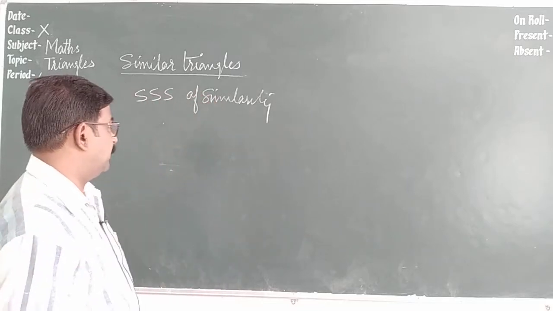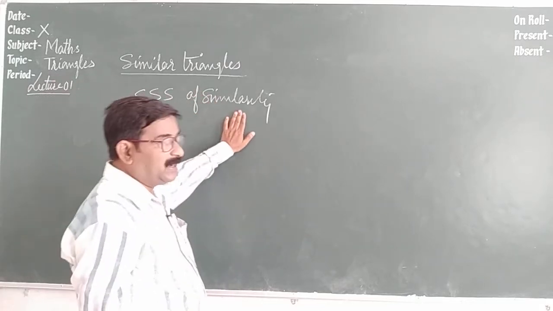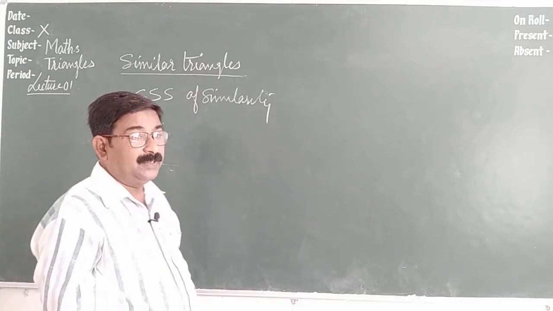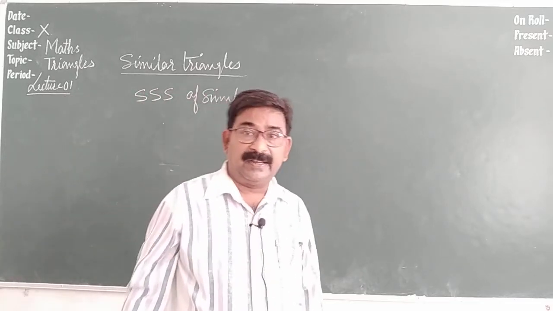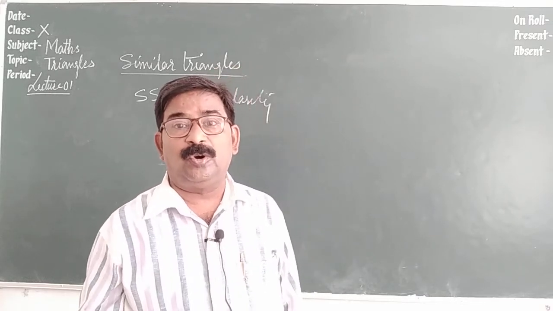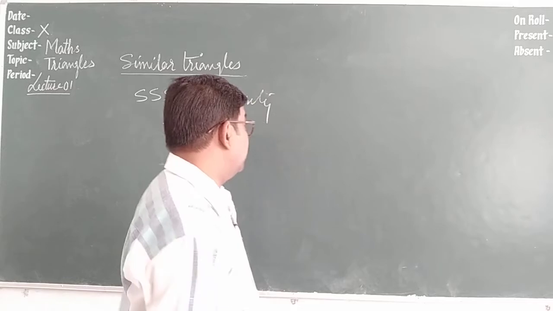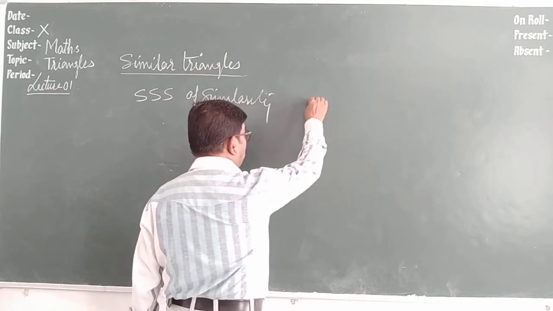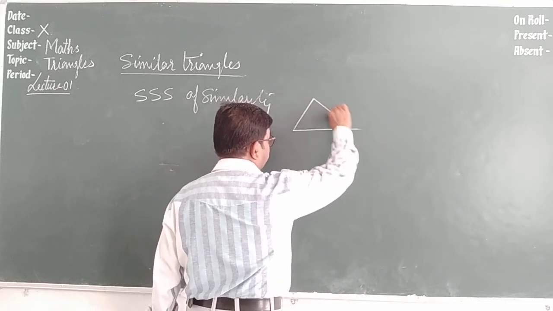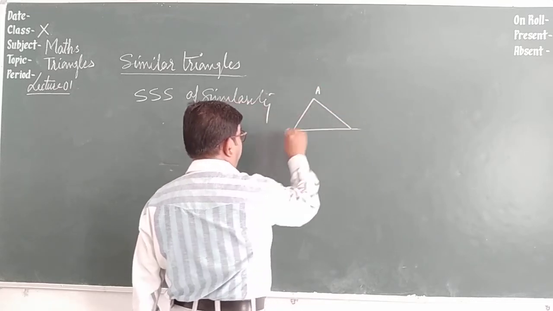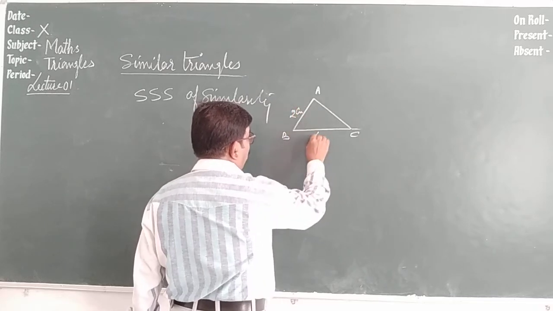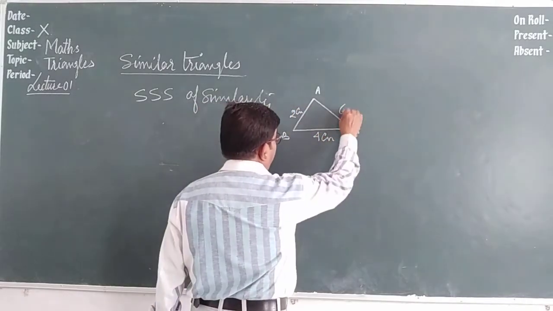But in similarity, two triangles are said to be similar by the criteria of SSS when the ratios of their corresponding sides are equal. Suppose this is a triangle ABC with sides 2 centimeters, 4 centimeters and 6 centimeters.